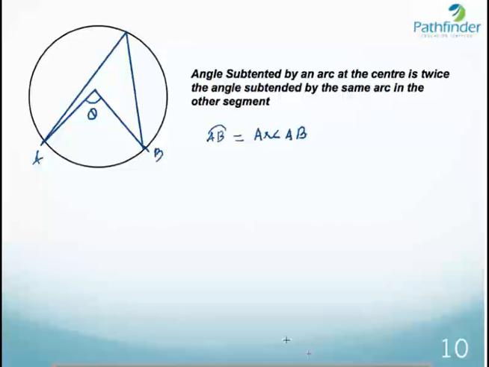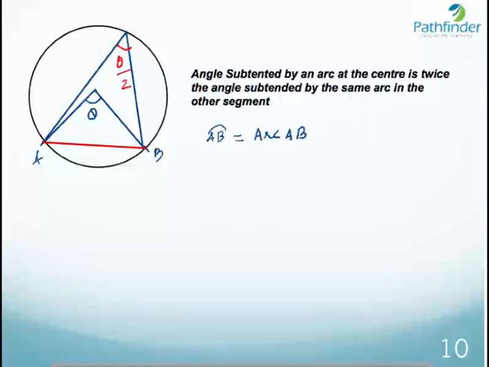Now, as we had seen that the straight line AB divides the circle into two segments. Minor arc has made an angle that is equal to theta by 2 in the other segment.